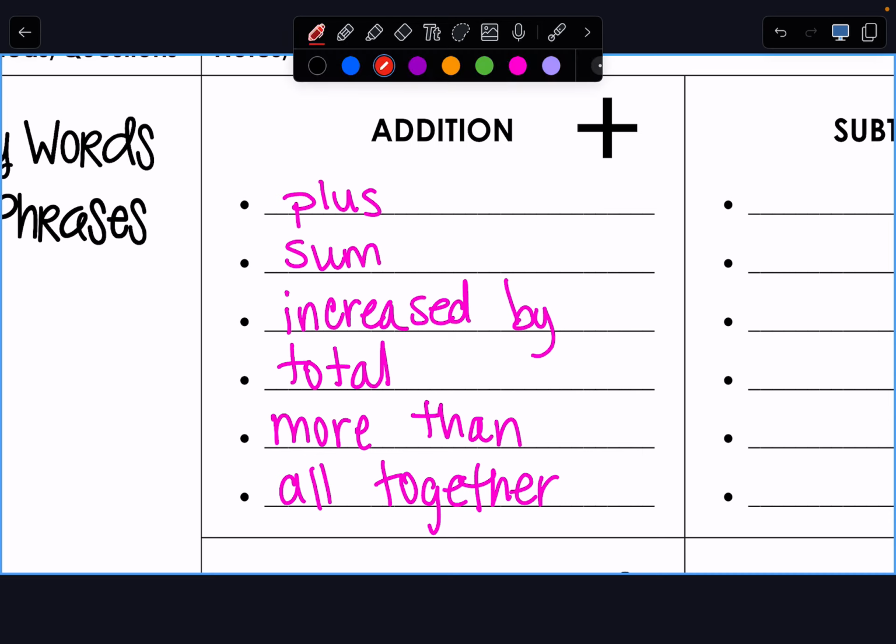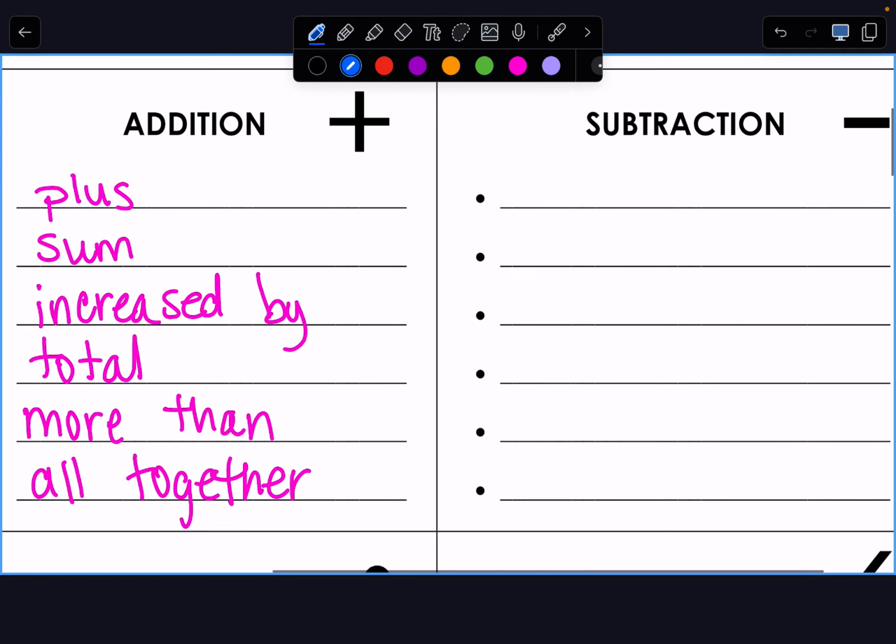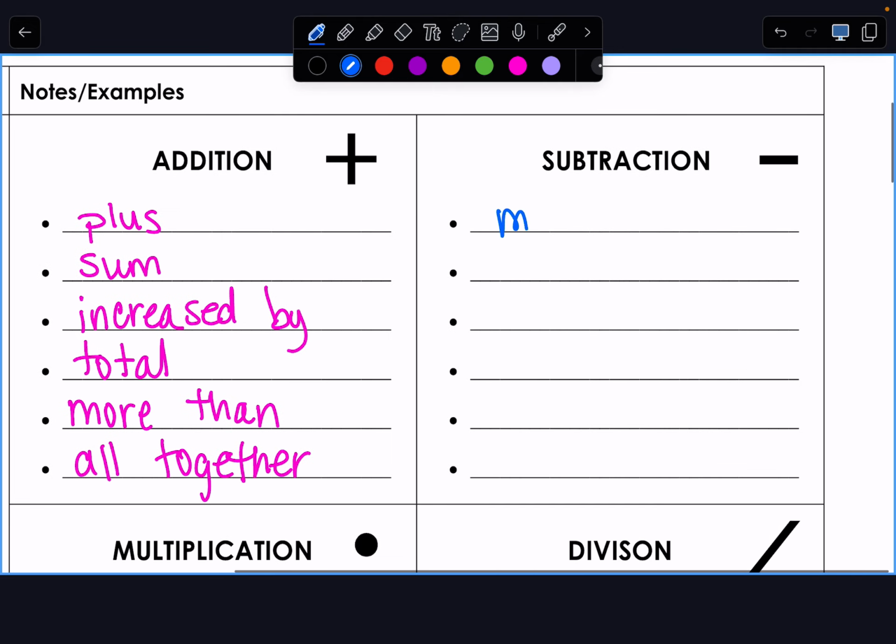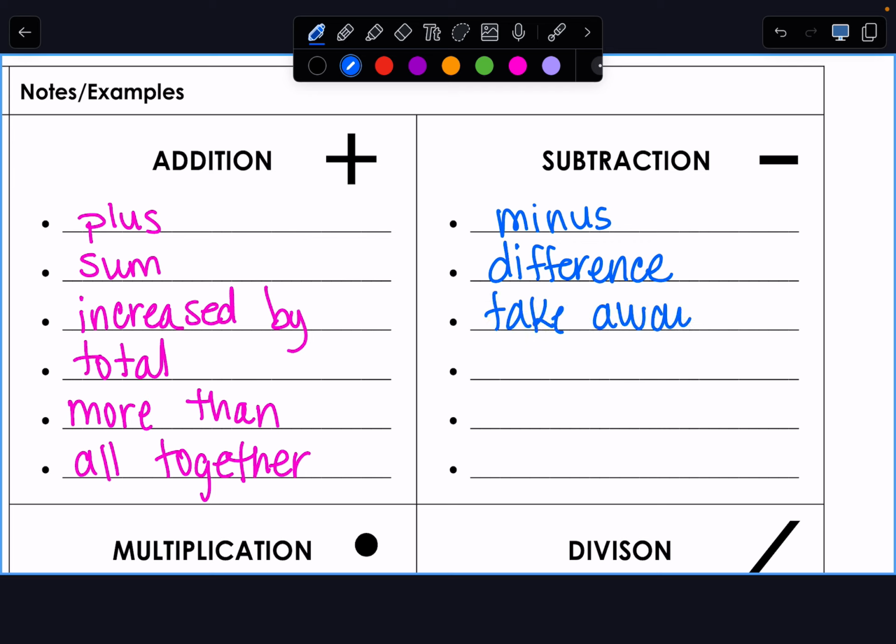All right, we're gonna do the same thing for subtraction. Okay, minus, difference, take away. All right, I like it. Fewer than?